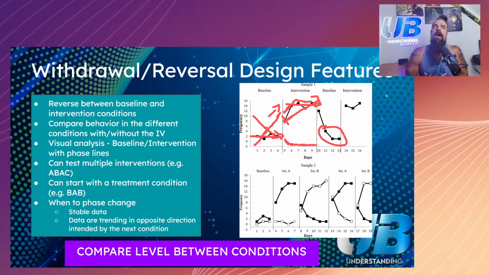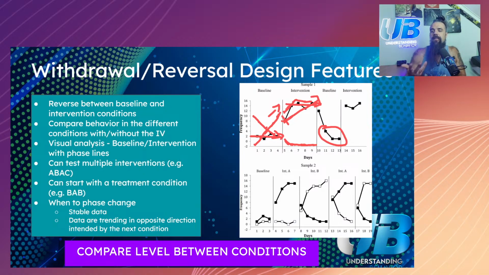So if we were to implement the intervention here, then we could have two possible explanations for the increase in behavior. First is that our intervention caused it. The second would be because it's already ascending, and ascending data are likely to continue ascending until they don't. So if we implement our intervention here, then we have no idea how to parse those apart, because there's two possible explanations for this increase in behavior.